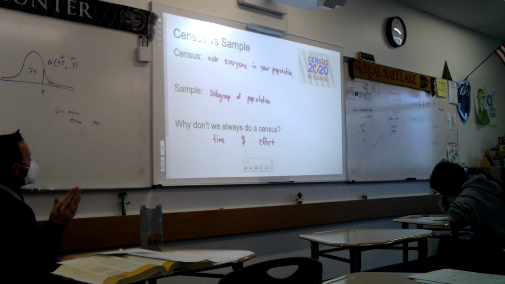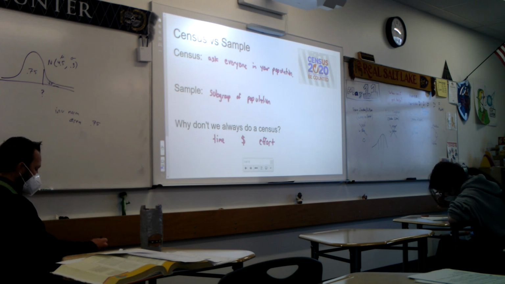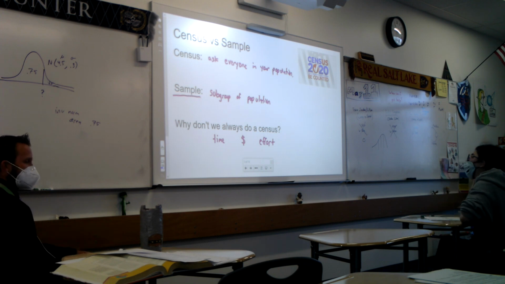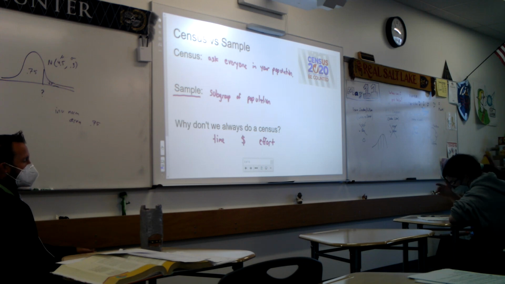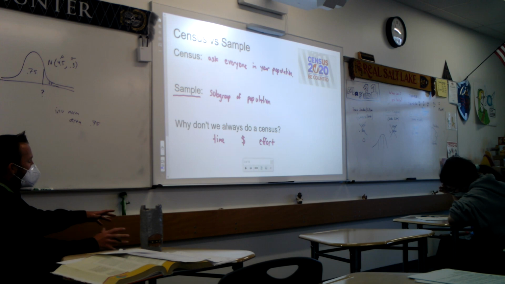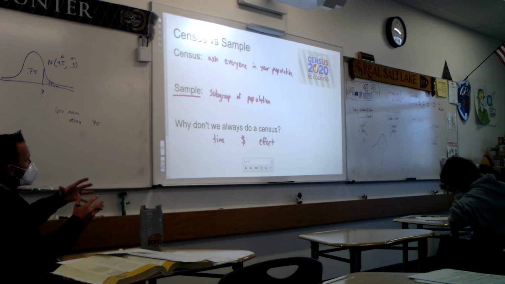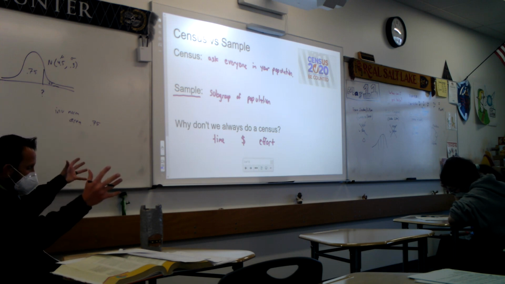They said this takes way too much time, way too much money, let's do a well-designed sample. And they're able to kind of get an idea of how many people are in their country and their different ethnicities and their different ages from a sample, and then they apply it to the big picture.